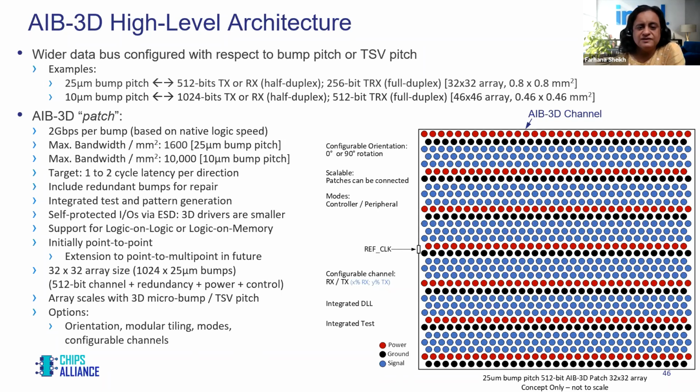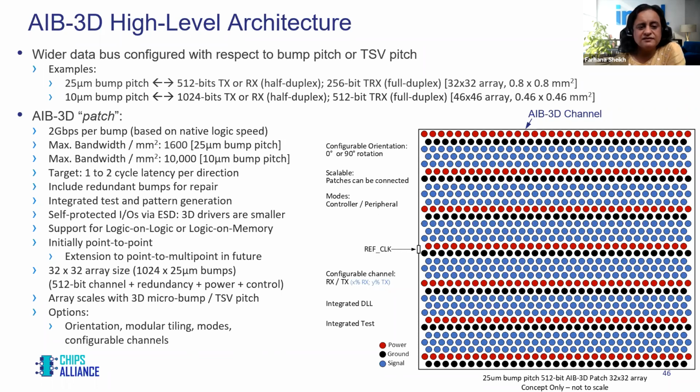So you can see that, if we do scale this to 10 micron bump pitch, we can basically shrink the size of the patch to 0.5 millimeter by 0.5 millimeter squared. Also, because the bump pitch is scaled down, we can support a larger number of bits, 1024 bits in half duplex mode.